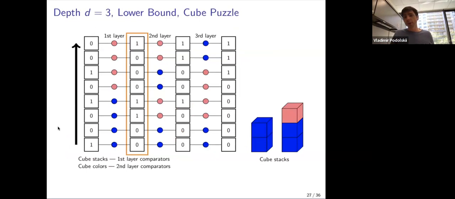And I will give you a combinatorial reformulation, a reformulation of this setting in terms of puzzles. We will consider the following cube puzzle. By cubes here, I mean just cubes that kids can play with, right? Colored cubes that you buy in a box and you can build towers of them and so on.